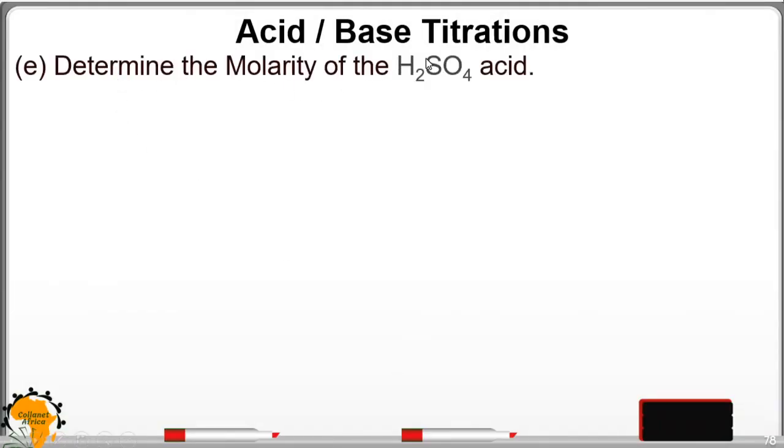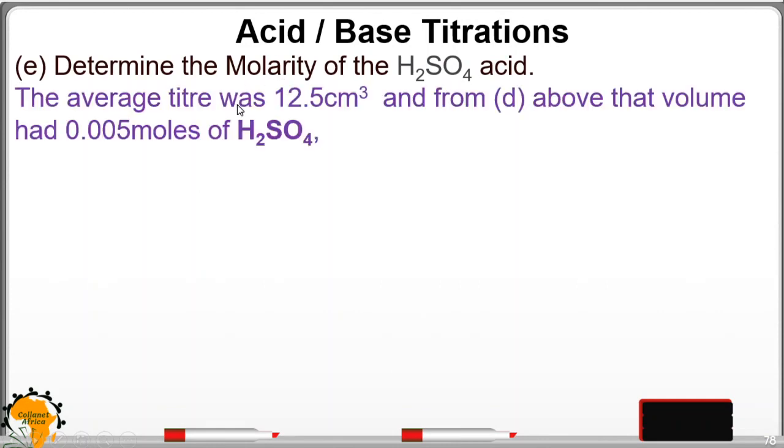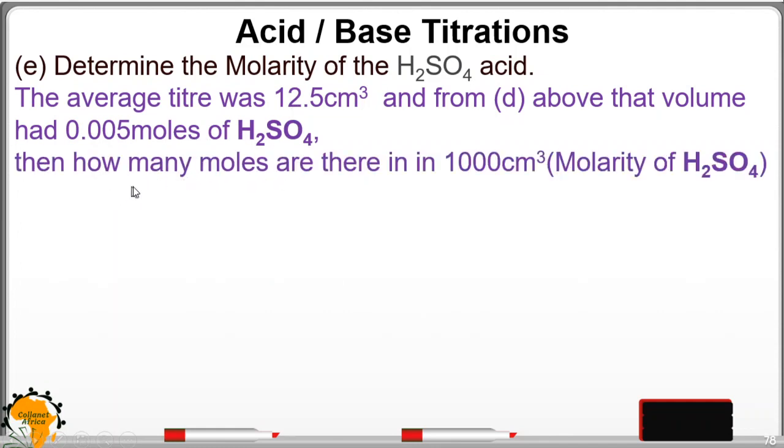Determine the molarity of the sulfuric acid. Molarity is always in 1,000. So what do we know? We know the average titer was 12.5 centimeters cubed, and from D above we have the moles of sulfuric acid as 0.005 moles. So 0.005 moles are present in this volume, the average titer.